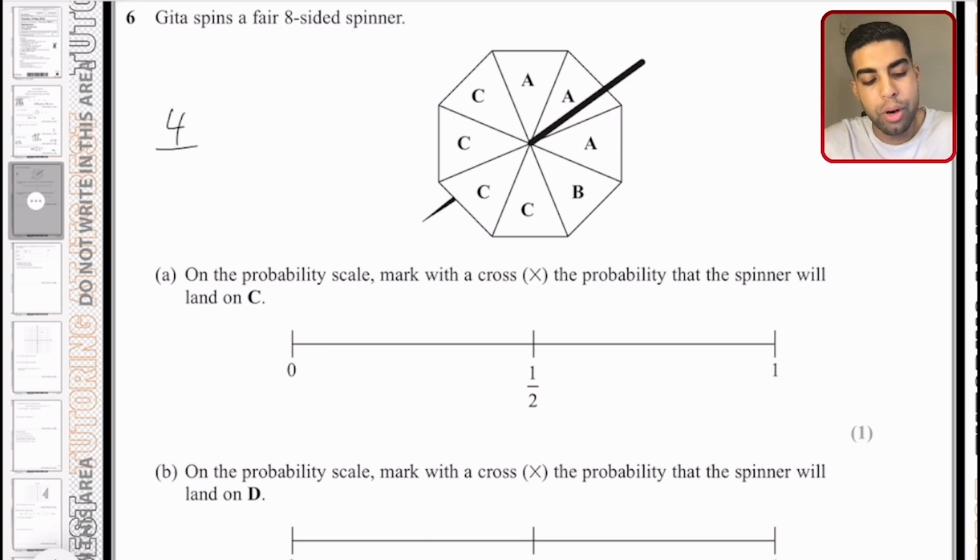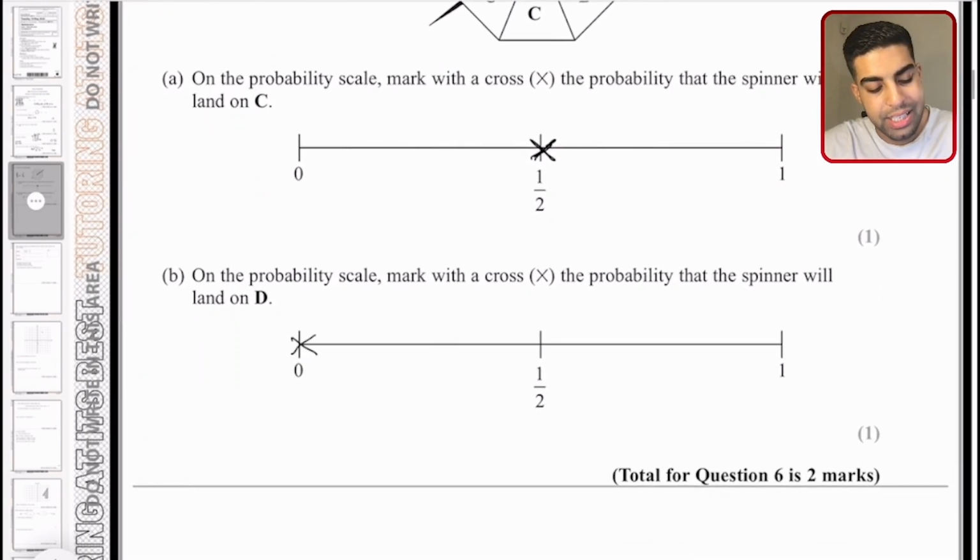So as we know, 4/8 is equivalent to a half, we can simply draw a cross in the center of our scale. And likewise for part B, we need to mark with a cross the probability that the spinner will land on D. Looking at the spinner, we only have the letters A, B, and C. So the probability that the spinner will land on D will be 0. So we can go ahead and write that out.